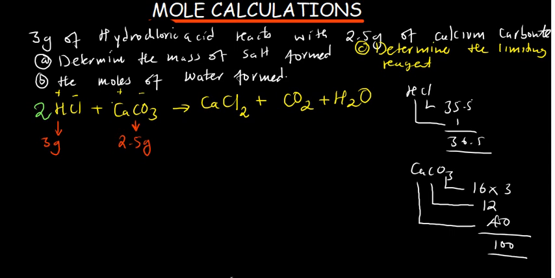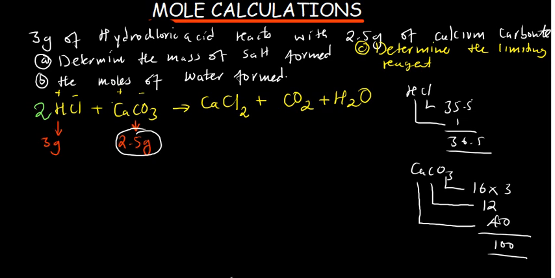So it's up to you to decide. Just take one of them. Consider it as if they've not given you the mass. That is up to you to determine which one you're going to consider as not given. So in this case, let me take that I don't know the mass for calcium carbonate. So I'm going to use the mole relationship to determine the mass of calcium carbonate that I should react with 3 grams of hydrochloric acid.